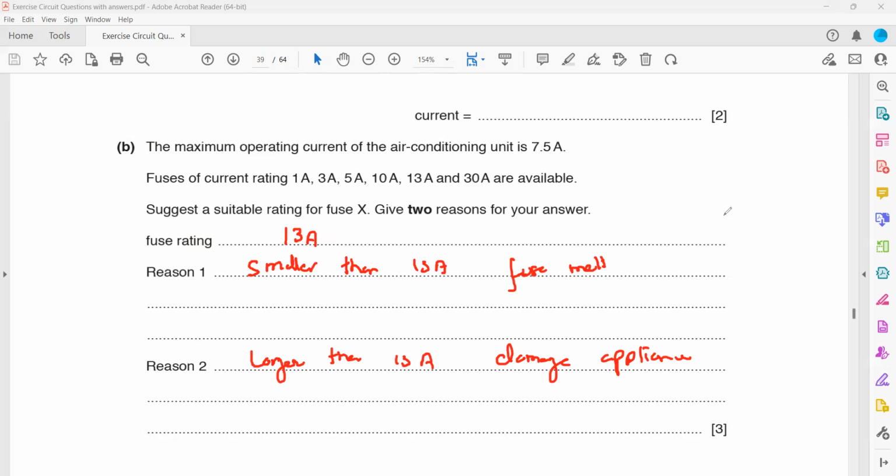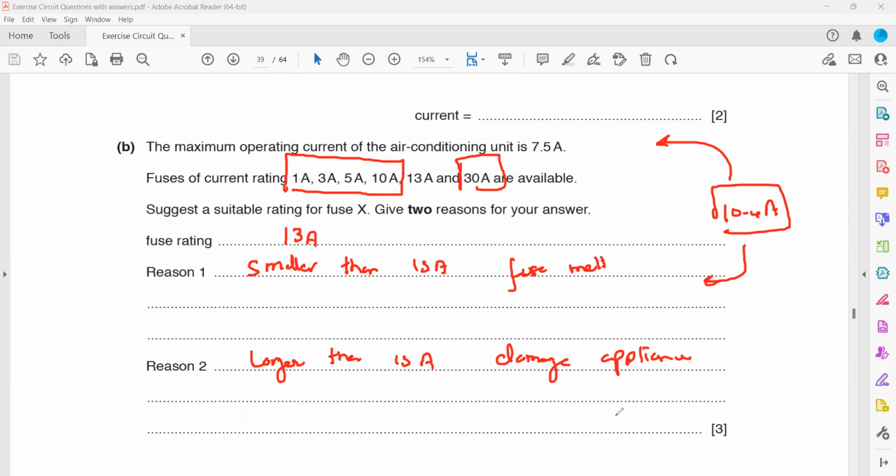So 13 is a suitable number according to the current of 10.4. Why not less than 10.4? Because the fuse will melt if the current is more than its rating. From the supply, it's 10.4. If I select 1 ampere, 3 ampere, 5 ampere, or 10 ampere, the fuse will melt. And why did I not select 30 ampere? That will be too large, so it can even damage the device or it might be dangerous. Is it clear, this one? Yes, sir, clear.